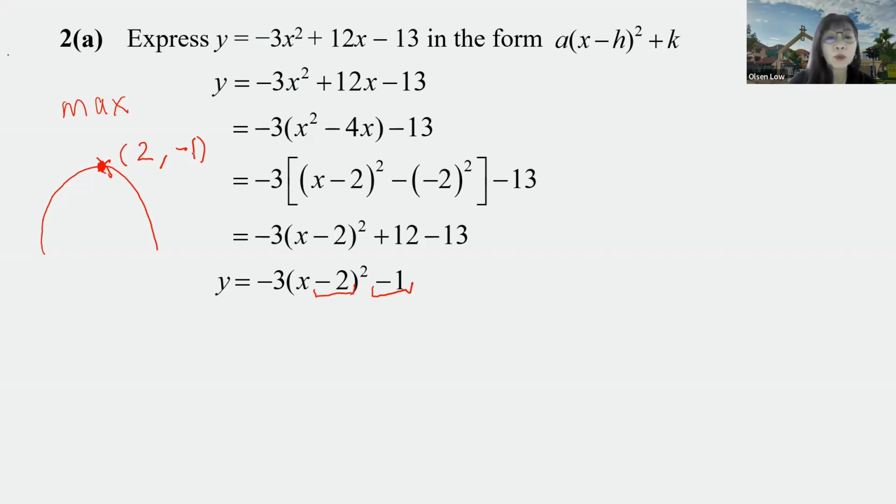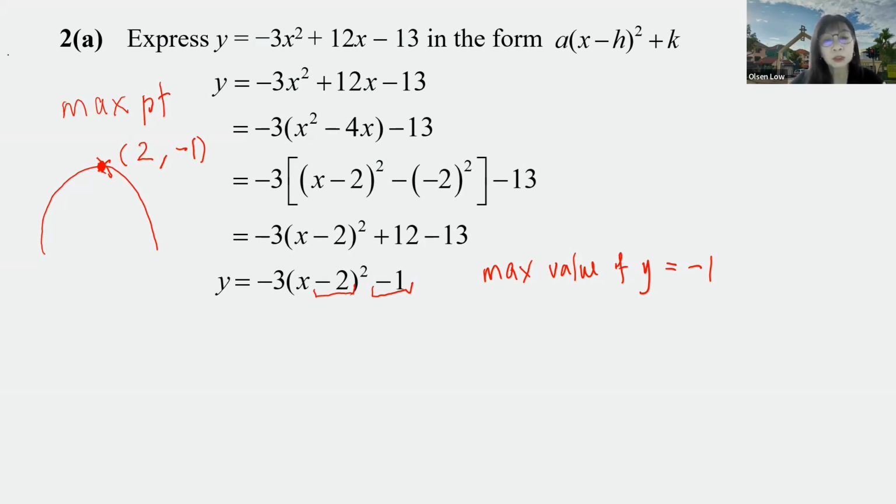For those of you who are not sure how to find the maximum point or the maximum value for a quadratic function, please go back and revise. So the maximum value of y is equal to -1, whereas the maximum point is (2, -1). When we talk about a point, we are referring to the coordinates.